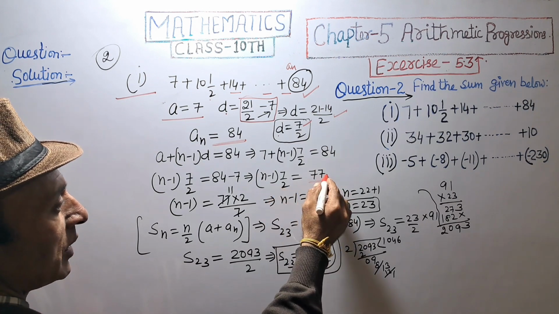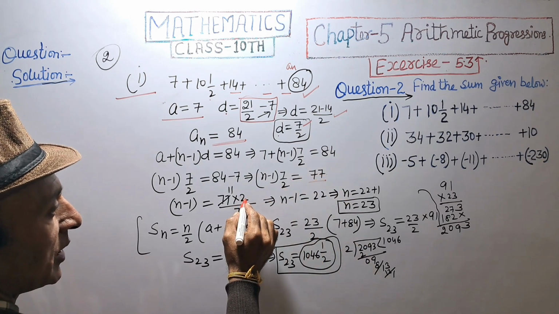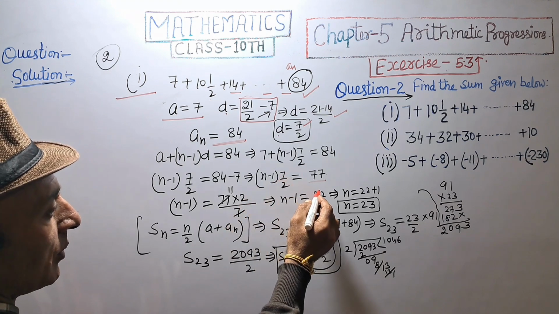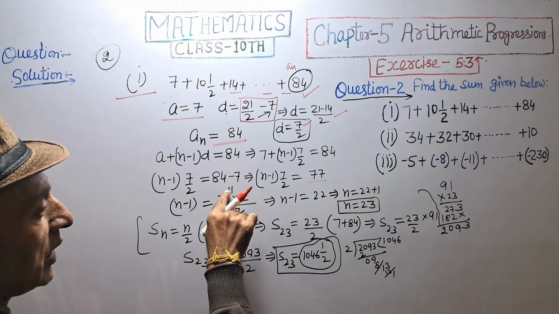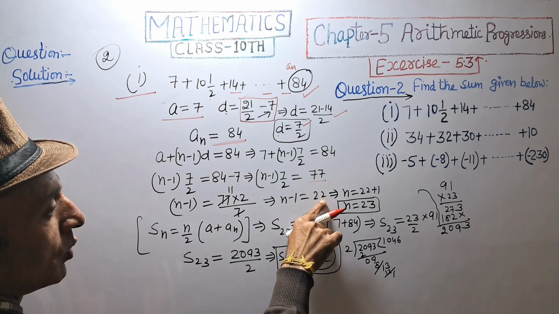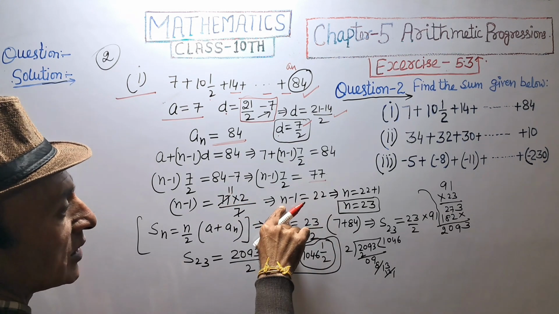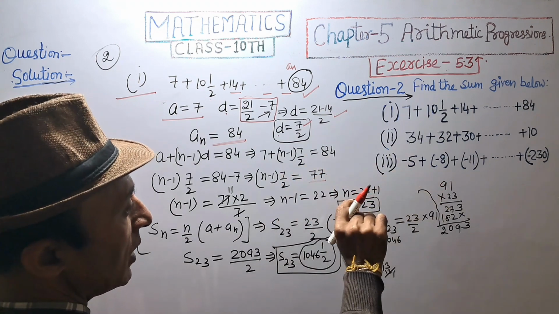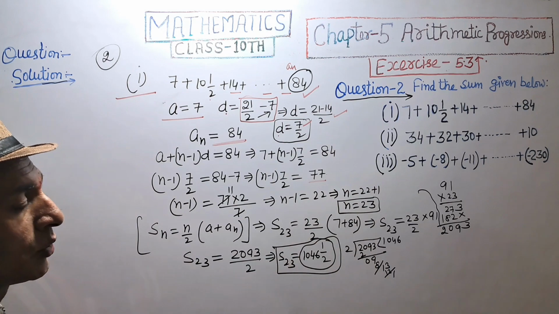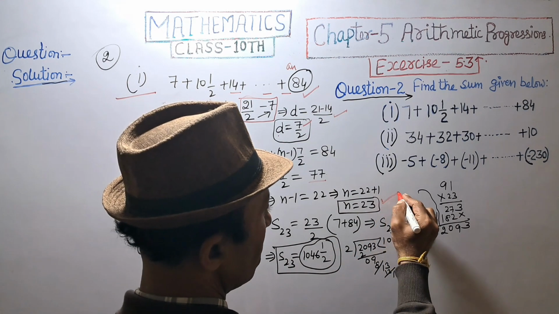So cross multiply by 2 and divide by 7. We get N minus 1 is equal to 11 2s are 22. So N is equal to 22 plus 1, N is equal to 23.